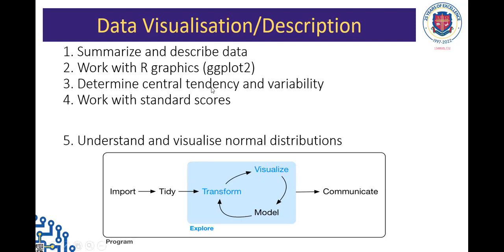Then we are going to explore more aspects in central tendency and variability, and I will expound more on that. And then in the lectures tomorrow and the day after, we'll go on with how we generate the standard scores and looking at normal distributions, but we'll have a bit of that today.